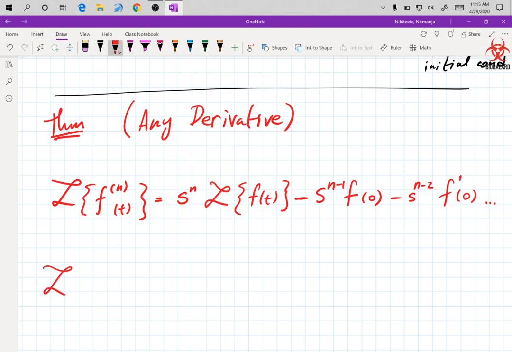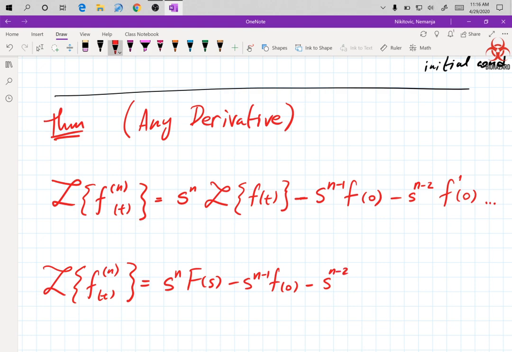So we can write the Laplace of any derivative as s to the n F(s), minus s^(n-1) f of 0, minus s^(n-2) f prime of 0, minus and so on, minus s f^(n-2) of 0, and finally minus f^(n-1) of 0.